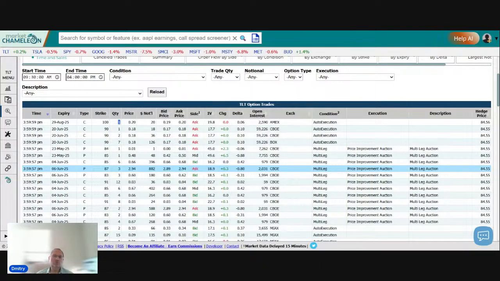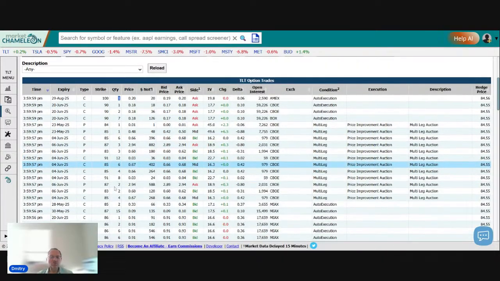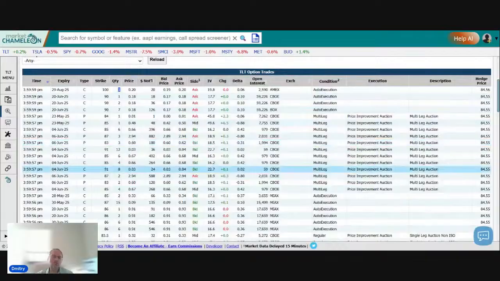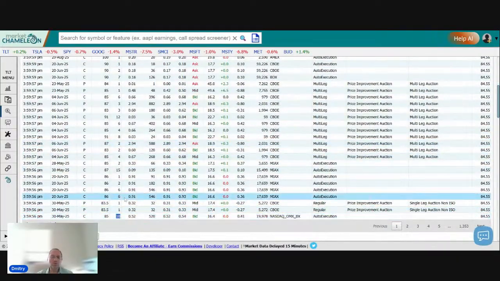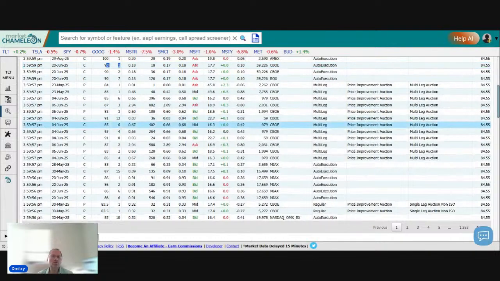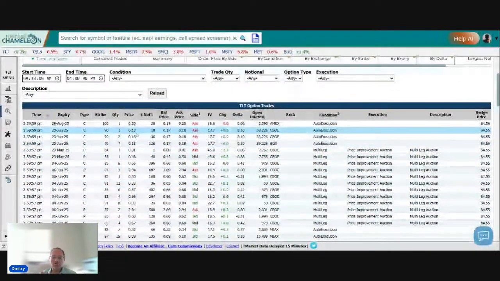But then you could have a really big trade where you're like, well, something else happened here, where that looks like an institutional size trade, or something else going on. I don't see very large trades in this screen, but we see 10, 12, 6, ones. And again, that becomes an important part in your analysis.